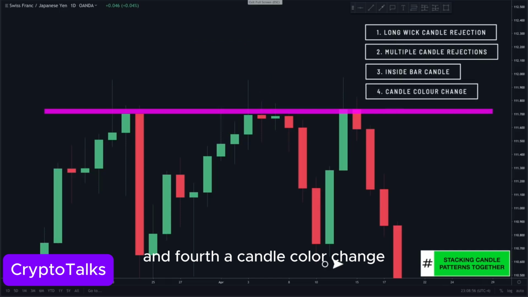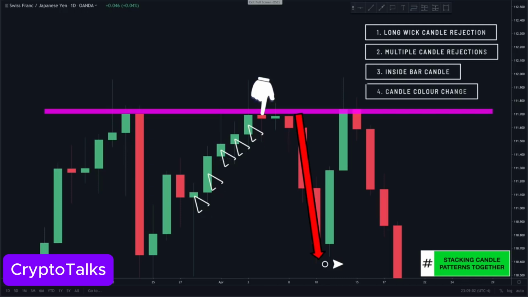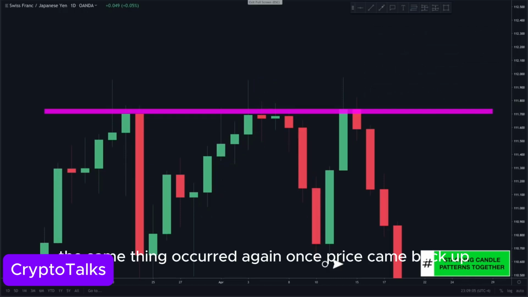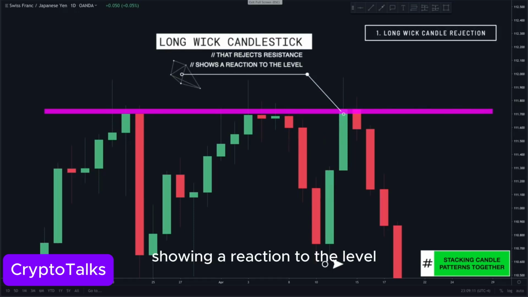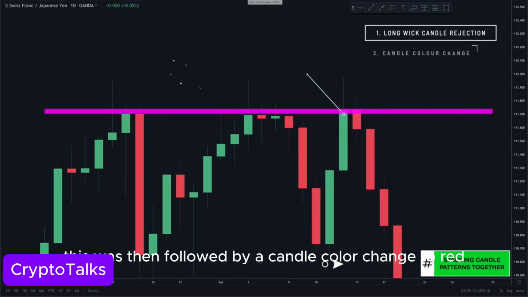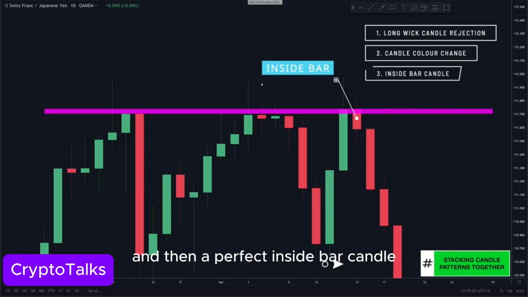And fourth, a candle color change. Now, first we had a candle with the wick sticking out, showing a reaction to the level. This was then followed by a candle color change to red, after green candles. And then a perfect inside bar candle.